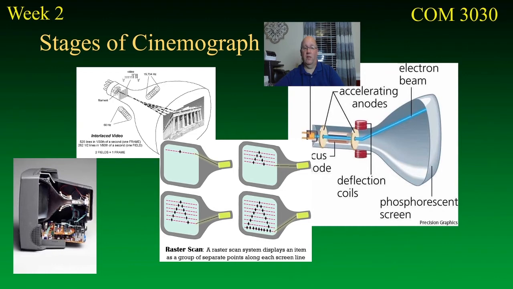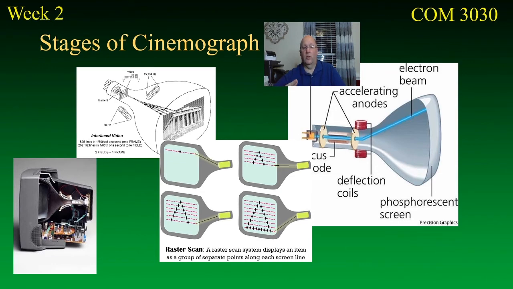Now in the case of television, if we only give you 30 images per second, that's going to be very jarring, very annoying. It's going to flicker like crazy. And so what they chose to do, because at the time they couldn't get the technology to scan any faster, is they would give you only the odd lines first.